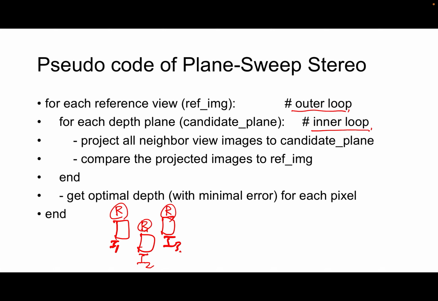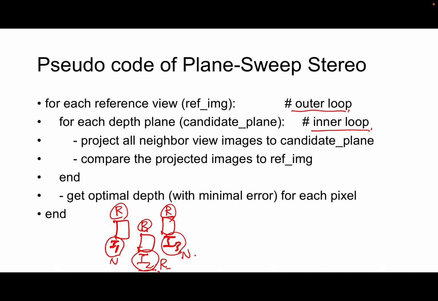And for each depth plane, once we select, let's say, the second image as the reference view, we create a virtual depth plane and then project all neighbor views. Let's say our reference view is I2, then the neighbor views are I1 and I3, to the candidate plane.